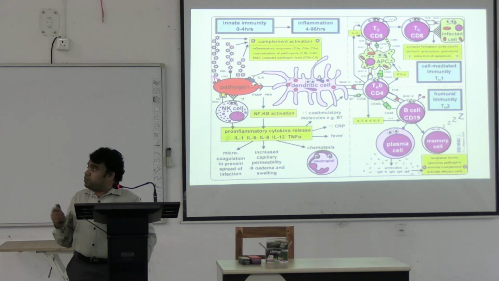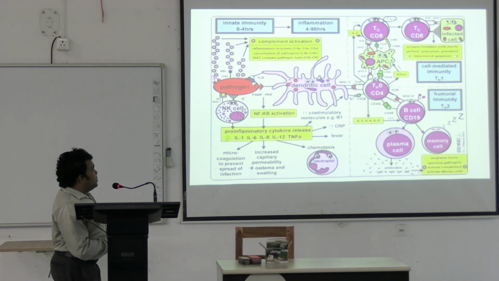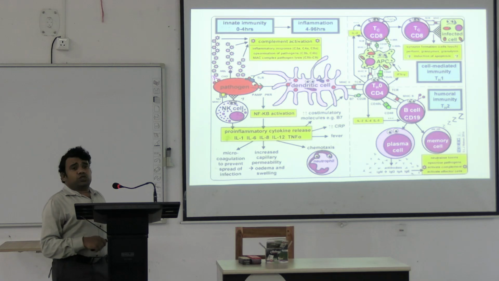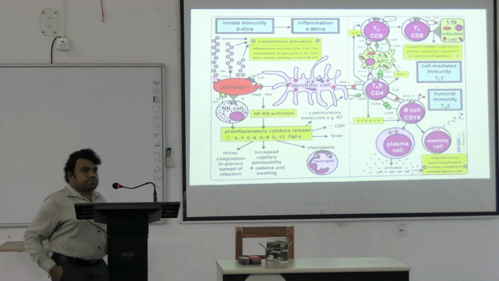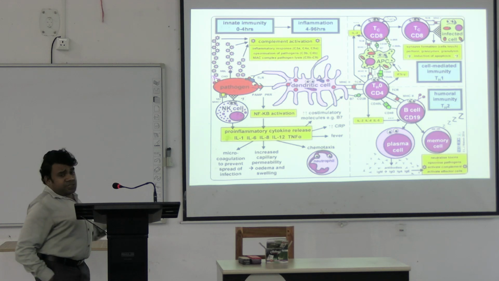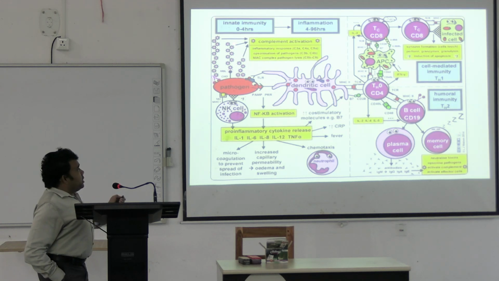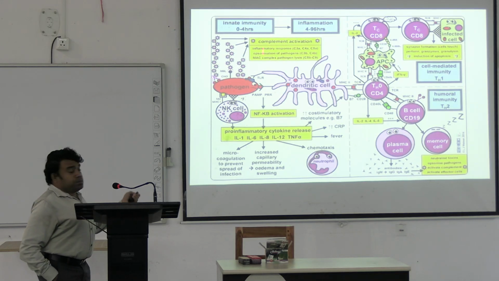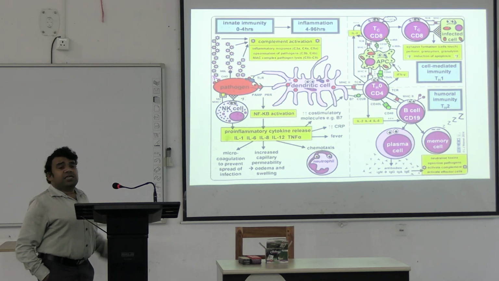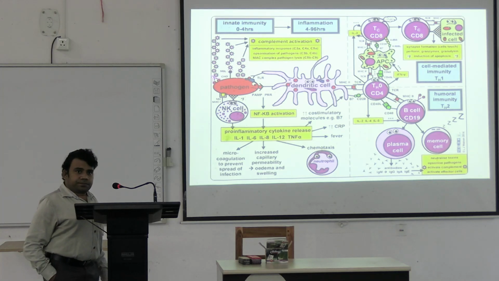Coming to the last part, this is the comprehensive slide which shows the immune response in a very comprehensive manner. After the human body gets exposed to a pathogen, it will trigger the innate immune response, and we can see a local immune response which is manifested with signs of inflammation.